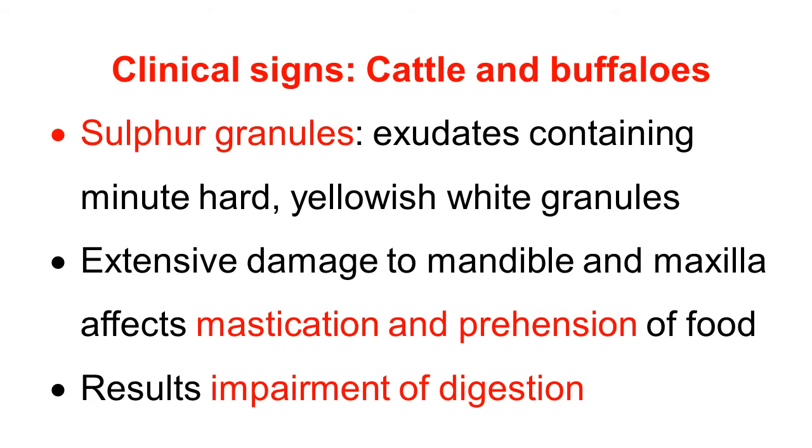Because they are a bit hard and yellowish-white in color, just like sulfur granules, so it is called a sulfur granule. It doesn't contain sulfur, but it looks like sulfur. So sulfur granules are characteristic of the disease.